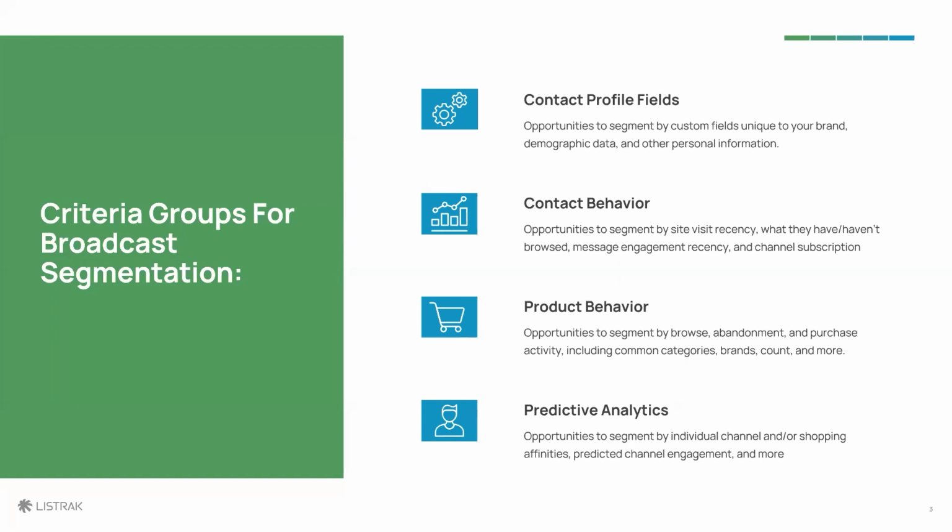Starting with the contact profile fields, this is a group that gives the option to include many different types of custom fields that can be unique to your brand, as well as specific demographic data. This can include common fields that are personal data generally acquired for a contact, whether through a list import, through an API connection, or through JavaScript that is placed on your website.